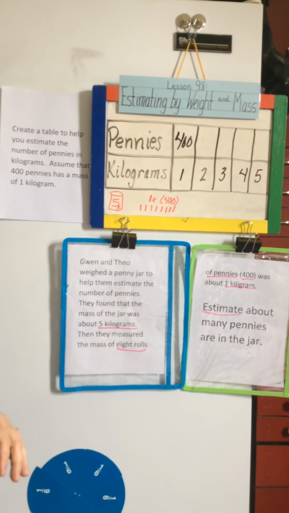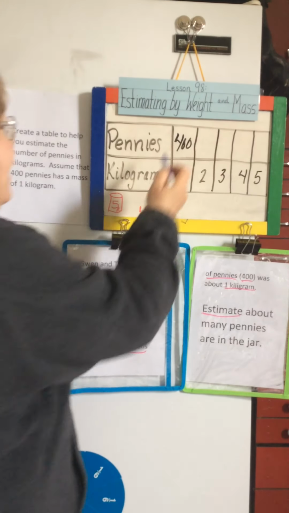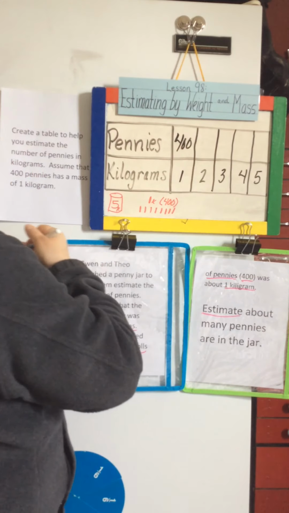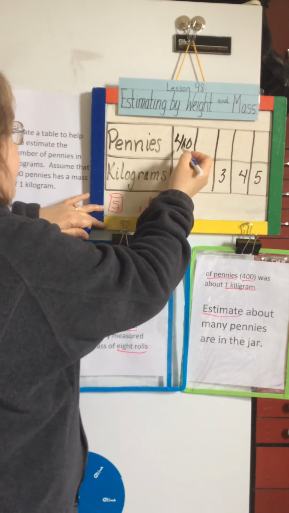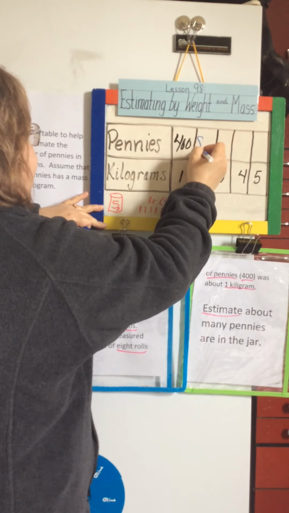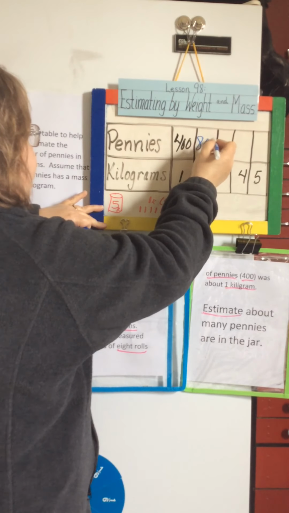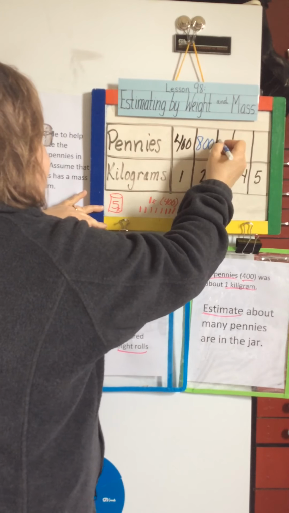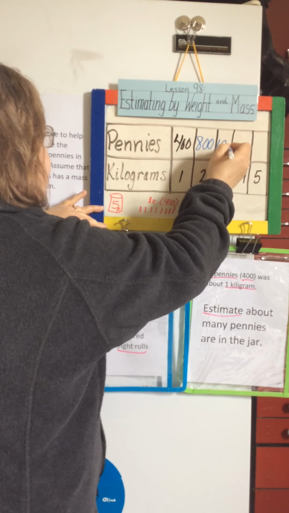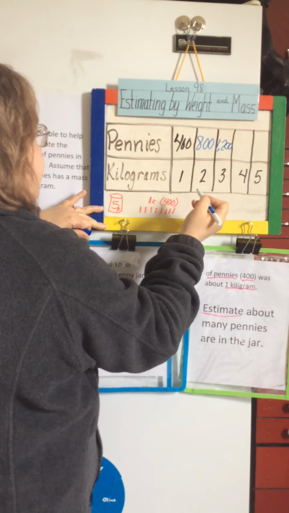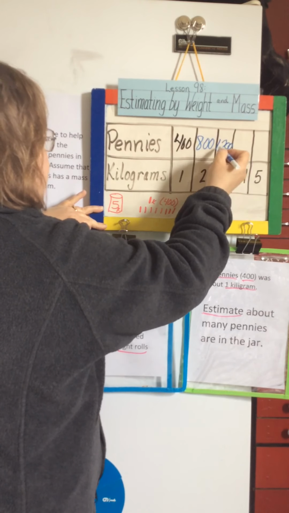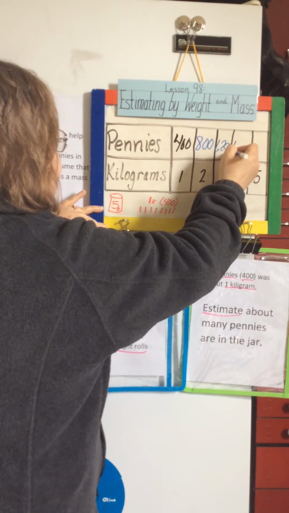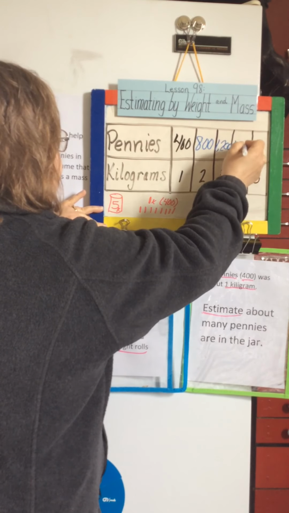And so what we do is we have to basically add 400 each time we go through this table. So 400 plus 400 would be 800. And then 800 plus 400 more is 1,200. And then 1,200 plus 400 more is 1,600.